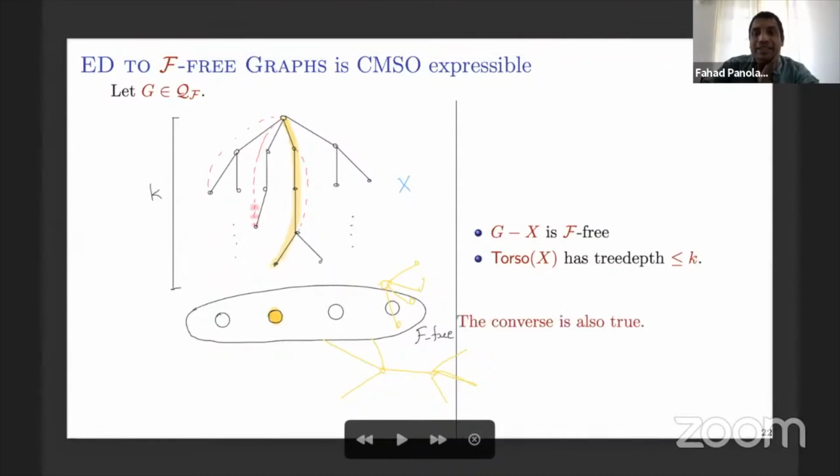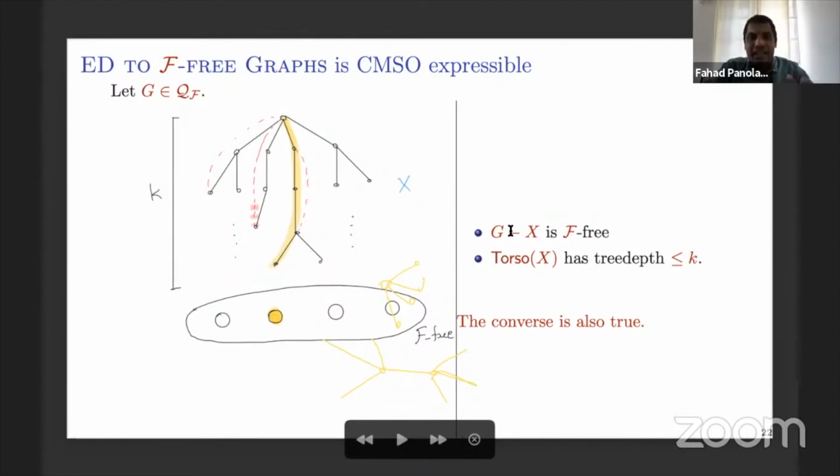And in fact, the converse is also true. Suppose I am able to find a vertex set X such that G minus X is F-free and the torso of X has tree depth at most k. Then G belongs to Q_F, or in other words, (G, k) is a yes instance of elimination distance to F-free graphs.